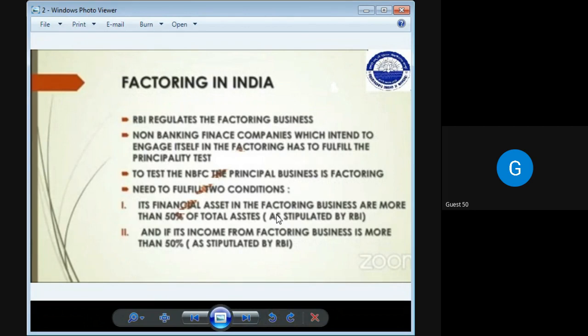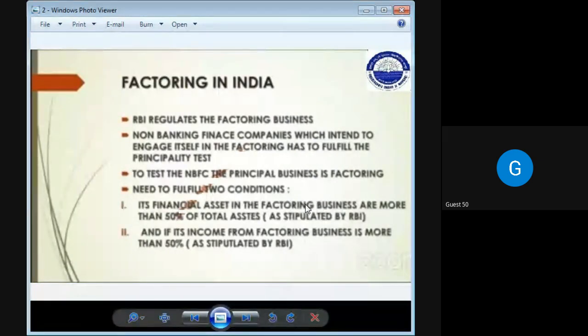Now, what are non-banking financial companies? Those companies that work like a bank but do not do the actual services of it, meaning they are not taking savings or lending loans. They are just giving some services of banks.